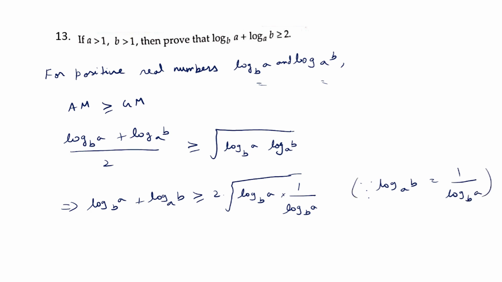This is by the properties of logarithm. So this is root 1, which is 1. So we have log a to the base b plus log b to the base a is greater than or equal to 2. So this is what we have to prove, and we have proved.